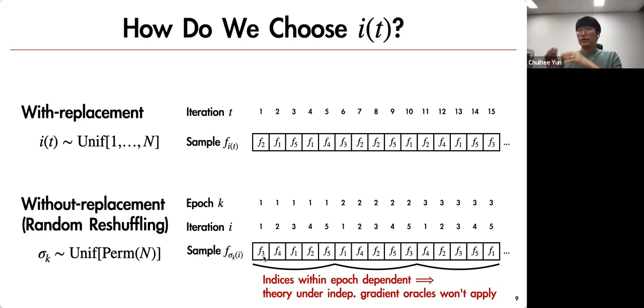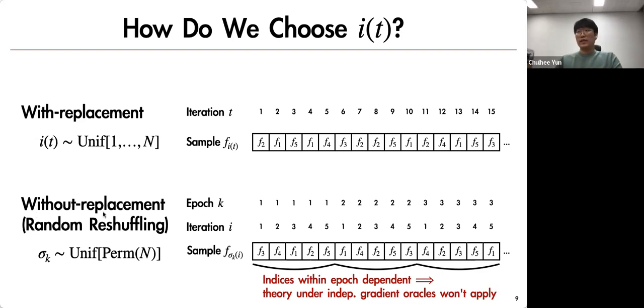So in other words, the indices chosen at the iterations in the same epoch become dependent on each other. That's why any theory that is developed under the assumption of independent gradient oracles doesn't apply to without replacement sampling algorithms.